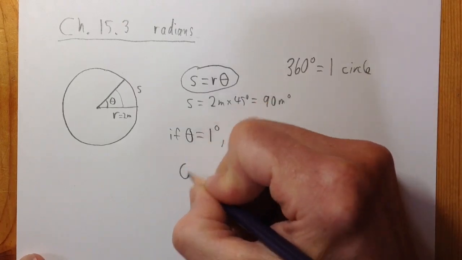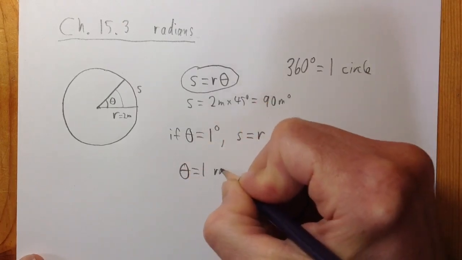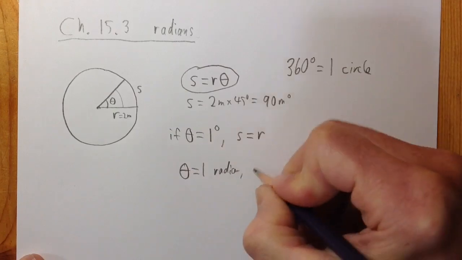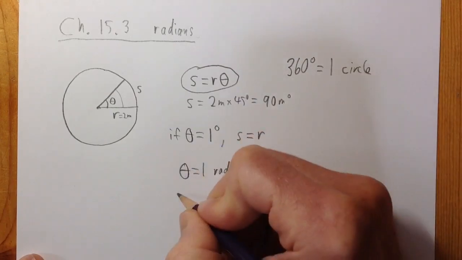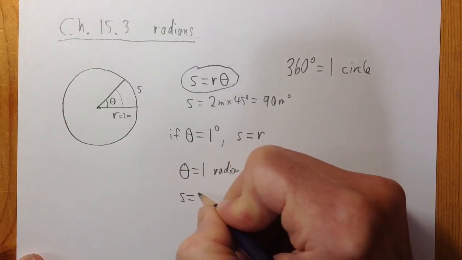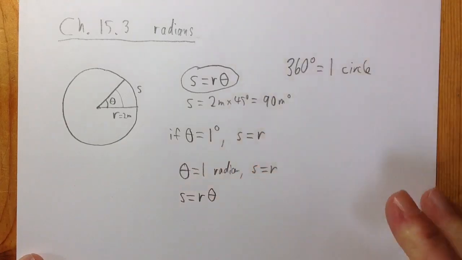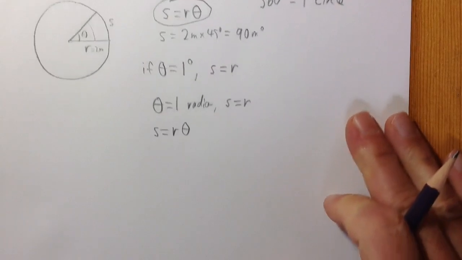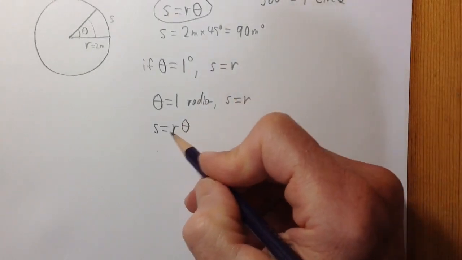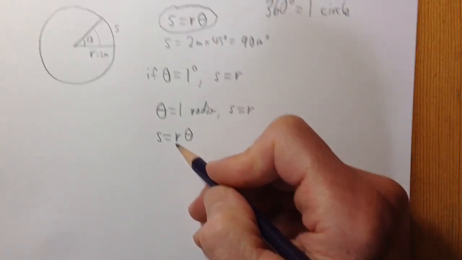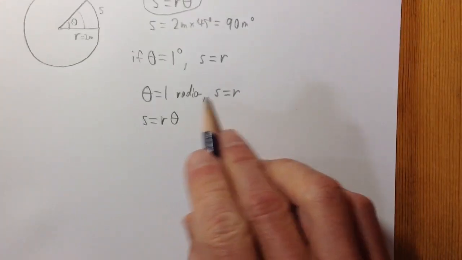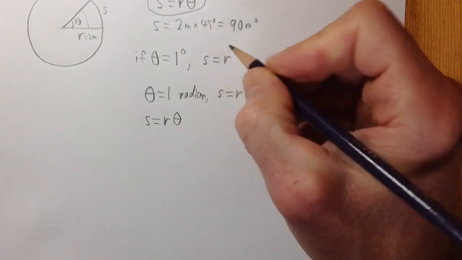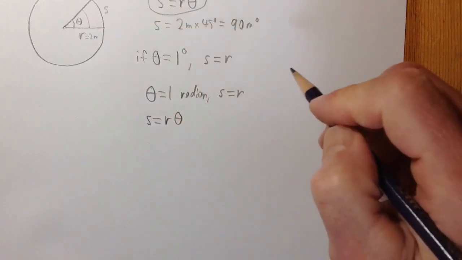So if theta is 1 radian, then the distance we go is R. And then we could just write, of course, S is equal to R theta. And it works for any distance we go. If we go 2 radians, the distance we go is 2 radii. So it works out perfectly if we use this new thing, this new degree, which they call radians because it has to do with the radius of the circle.